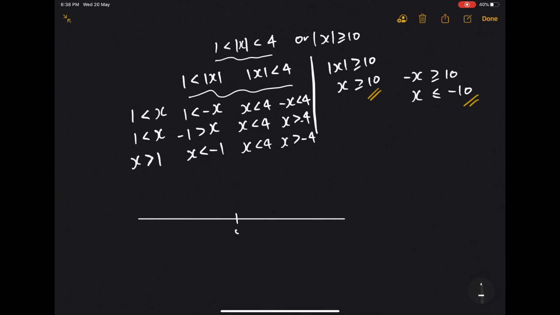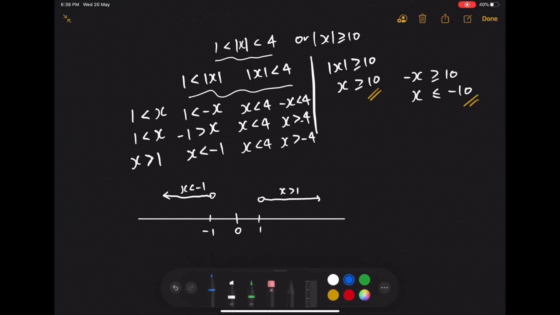So we have our 0 here. This is 1 and this is -1. This will be my x more than 1, and then we have x less than -1 to be here. And then we have another one for the 4. We have 1 here, 1 here. This is 4 and this is -4.